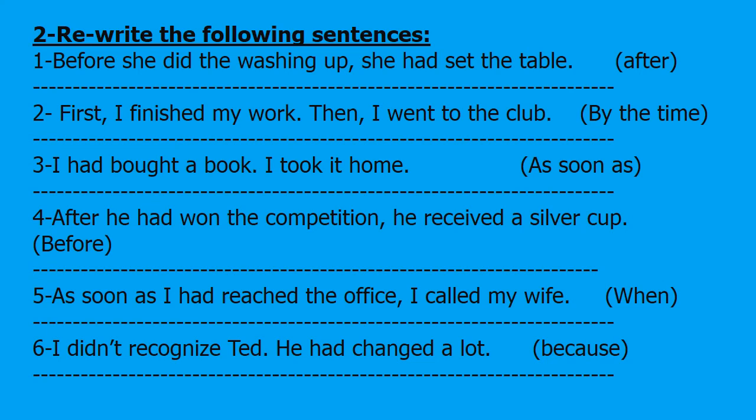Number 2, first, action number 1, I finished my work. Then, action number 2, I went to the club. Here I want you to use the word by the time. Again, by the time. Letter B, second letter, second action, action in the past simple. And you have to start with this word because you have here capital letter.